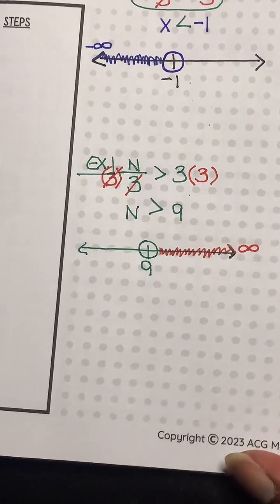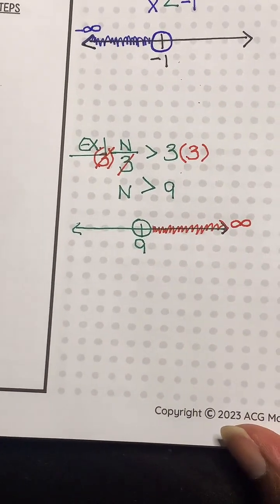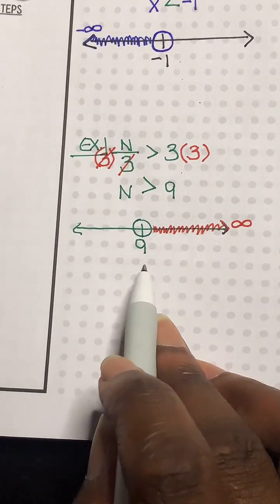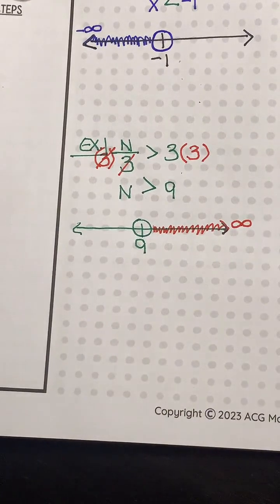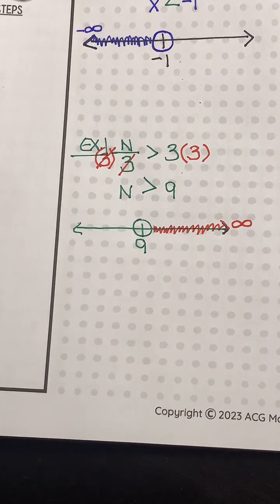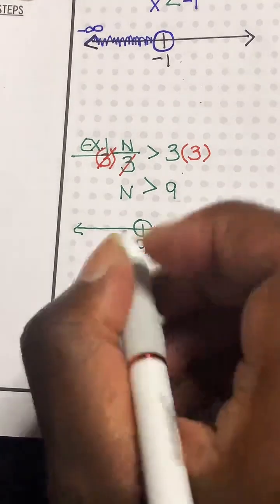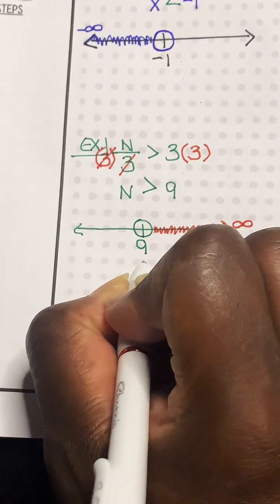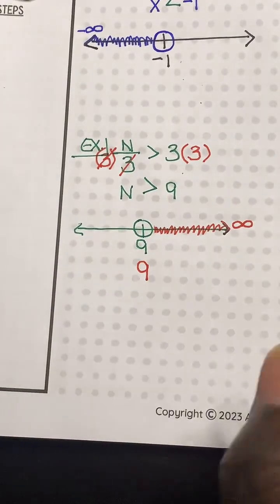Now, if I want to do this in interval notation, I have to start with the lowest number. What's the lowest number, 9 or positive infinity? Okay, we got our 9s. Good. So, for the 9, is it a bracket or a parenthesis?